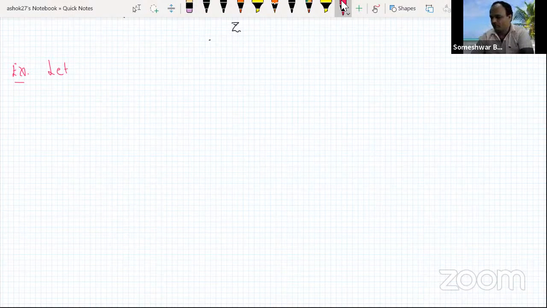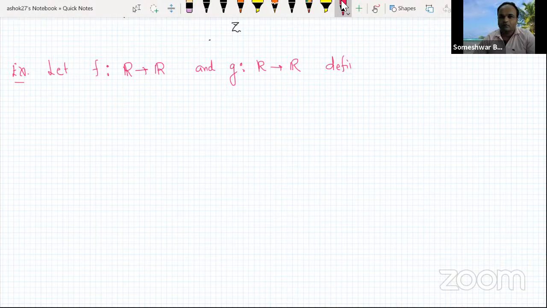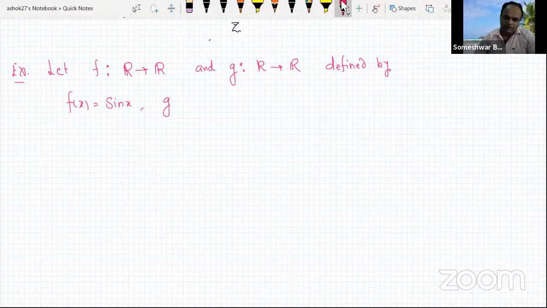Suppose F is a mapping from R to R, and G is again a mapping from R to R. F and G are two mappings, and these are defined by fx equal to sin x and gx equal to, suppose, x square.